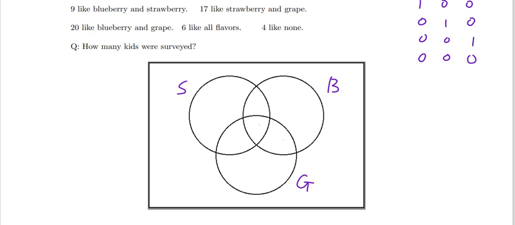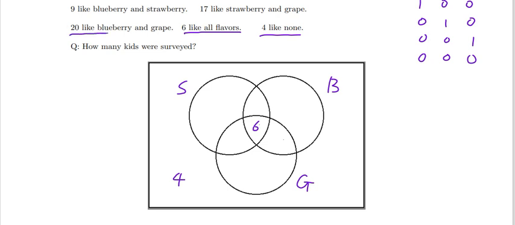So we just check this part, like or. So 3 like all, so we put 3 here. This part means all of them. And 4 like none, so the outside is 4. Okay, so we just check this.